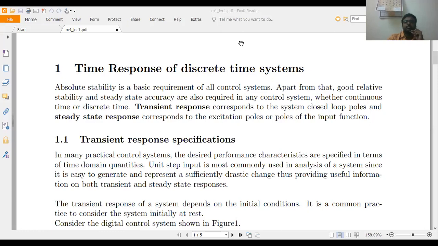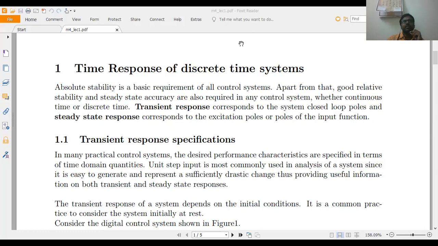Once again, the basic requirement of any control system is stability, whether it is relative stability or absolute stability, whatever the system, whether a continuous or a discrete system, time dependent or frequency dependent.